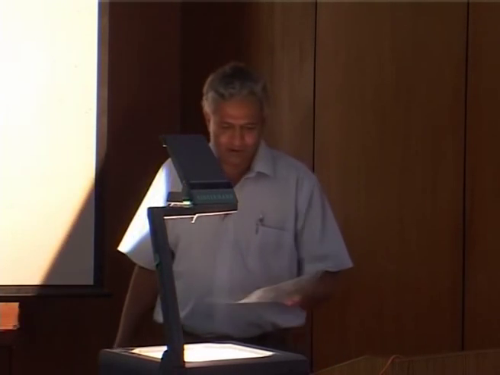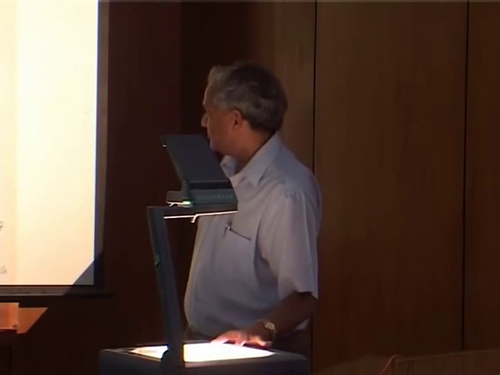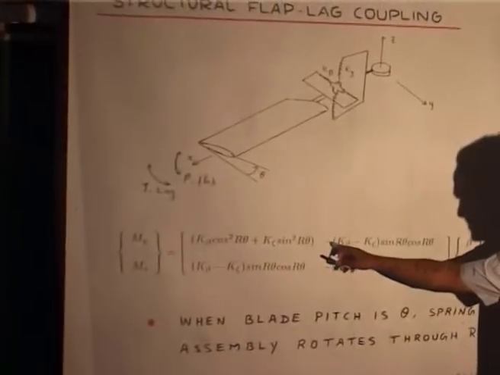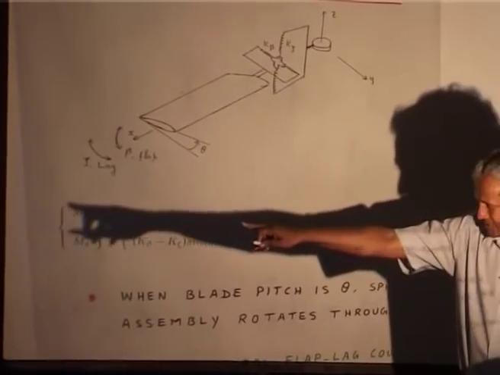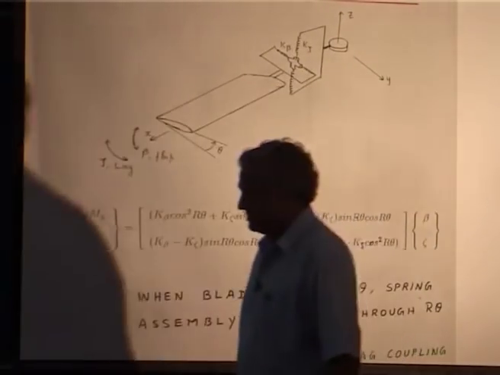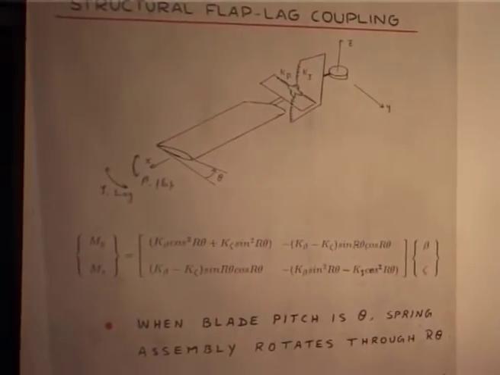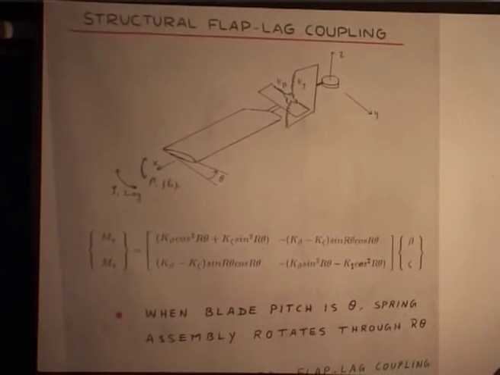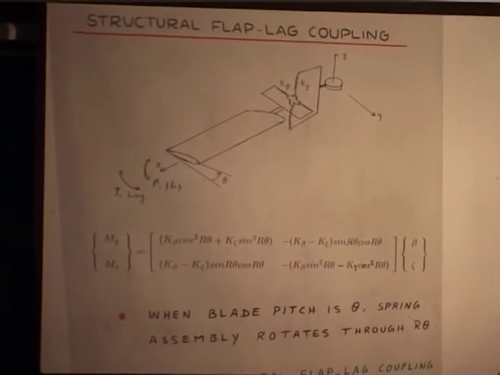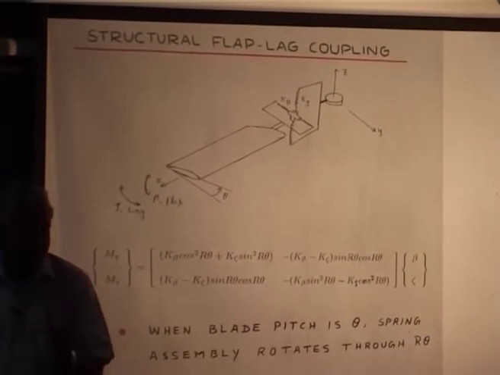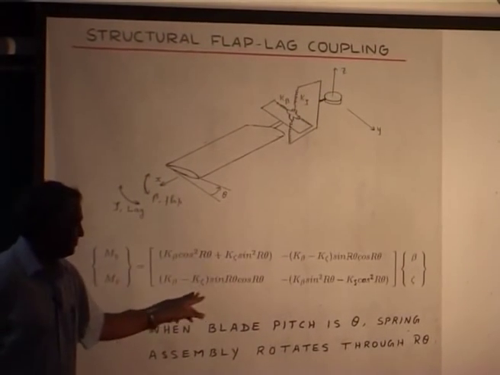So, I just show here the diagram with whatever I have written there, because here I put a minus sign, you see, that is the restoring moment with the flap up positive, that is slightly modified. When the blade pitch is theta, the spring assembly rotates through r theta. So, I put r.